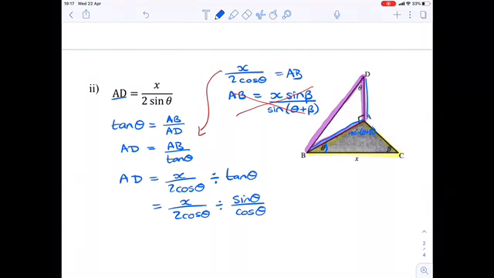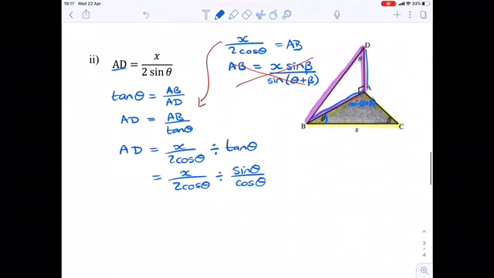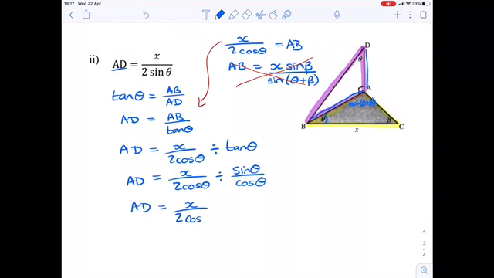Again, the hint that I'm doing that is because if I look at what I need to prove, it doesn't have a tan theta in it. So then I land up with AD equal to x over 2 cos theta times cos theta over sine theta. The cos thetas will divide out, and you get AD equal to x over 2 sine theta, which is what we needed to prove.